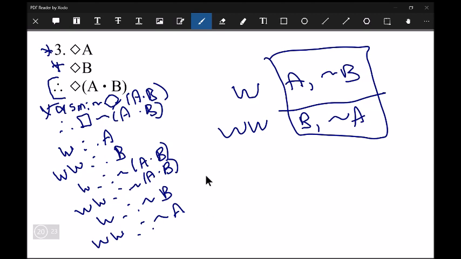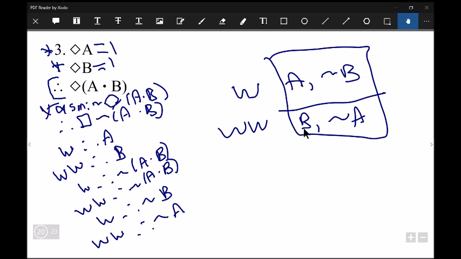And then you evaluate the premises and conclusion. Possible A means A is true in at least one world. Is it? Yes, it's true in world W. So the first premise is true. Possible B means B is true in at least one world, which it is in WW. Therefore, possible A and B together means there's one world where you have A and B both true.